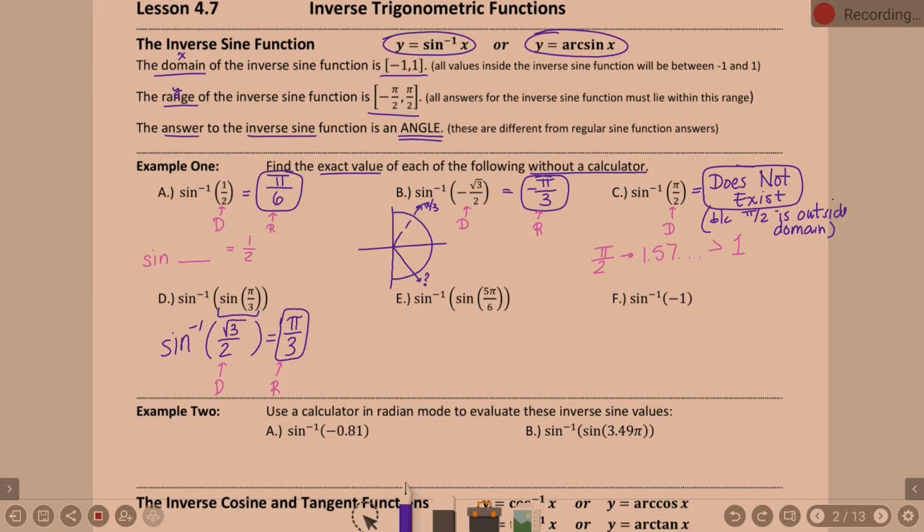Easy enough? Okay. So let's look at E. Sine inverse of sine of 5 pi over 6. Where are we going to start? The inside. We're going to start on the inside. So first thing we have to do is figure out sine of 5 pi over 6.